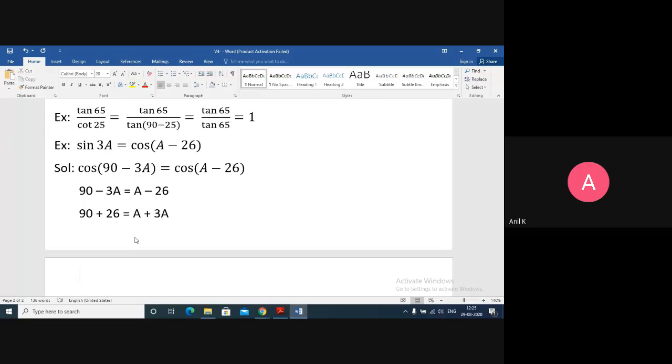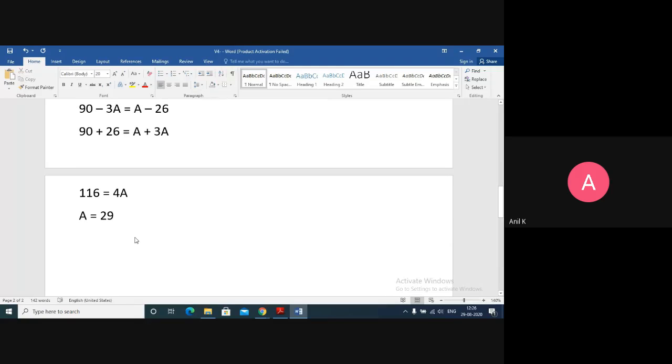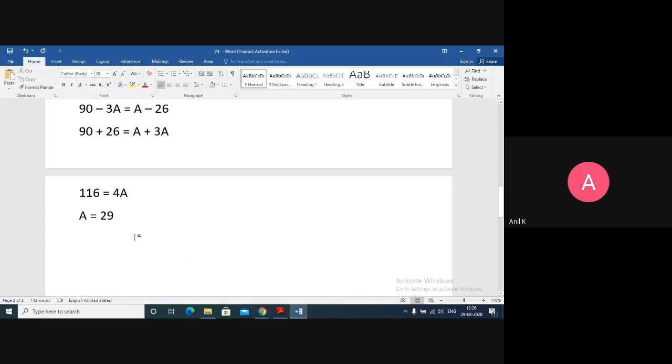Simplify further, 116 equals 4a. The final step, a equals 116 upon 4, which is 29. So you got the value of a as 29.